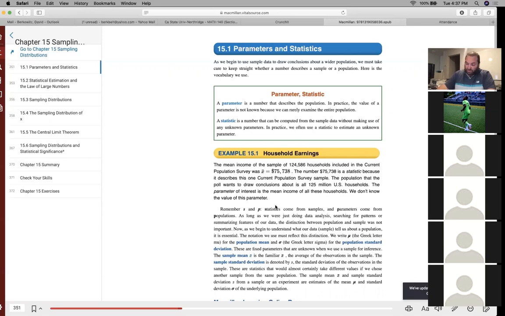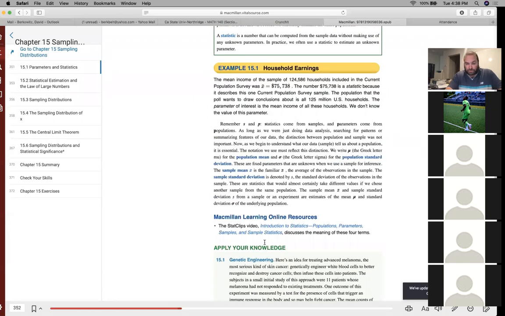And situation two is knowing my sample proportion and wanting to know the actual proportion. These are the two situations that we're going to deal with. We have a sample mean, we want the actual mean, or we have the sample proportion and we want the actual proportion. Okay?